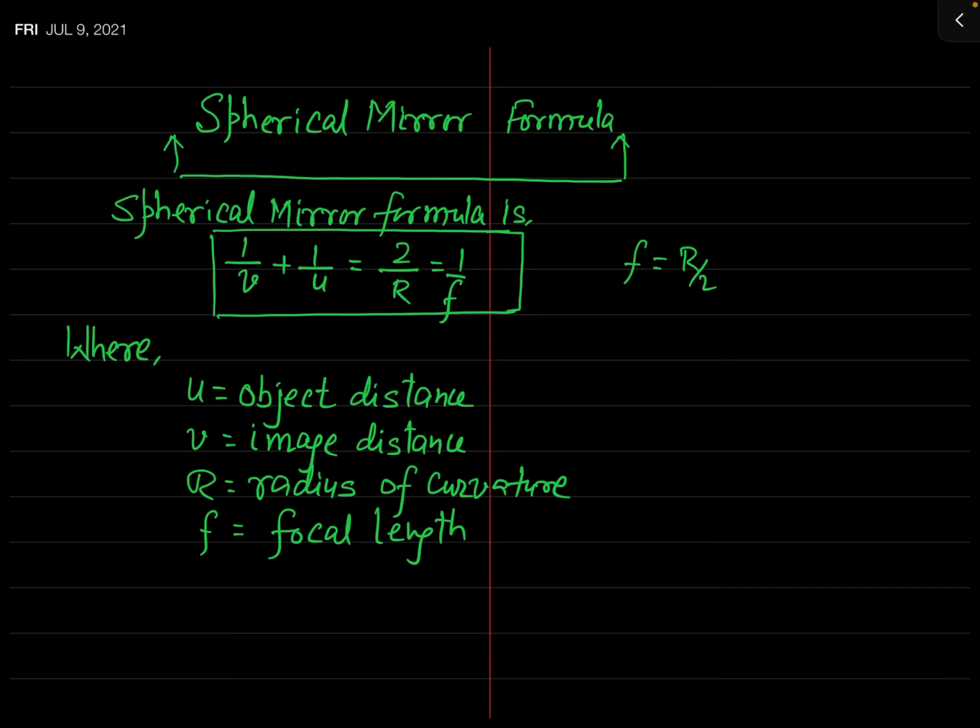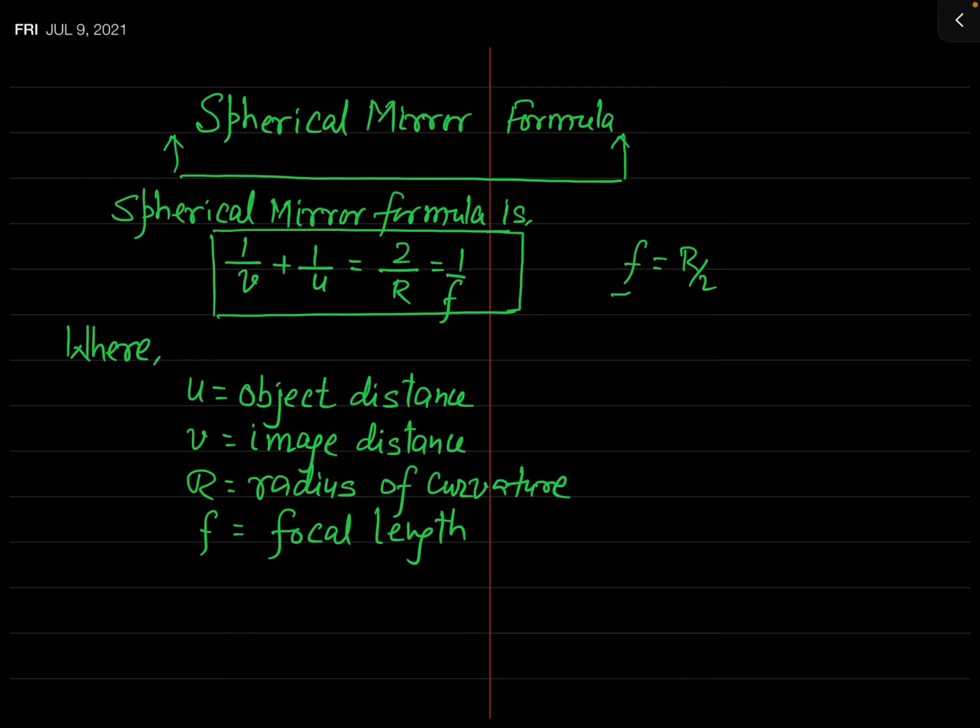In fact, you know that u represents the object distance, v the image distance, r is the radius of curvature of the mirror, and f is the focal length of the mirror. And you know that the focal length of a mirror is simply half of its radius of curvature. So instead of 2 over r, you can write 1 over f. So this is your spherical mirror formula.